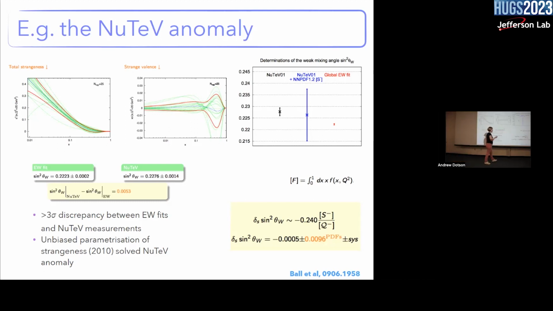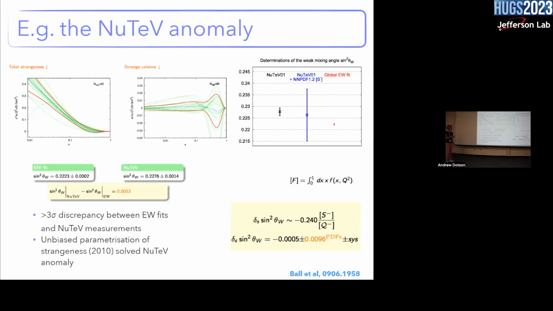As soon as you include the PDF uncertainty that you get because you're not using a too inflexible parameterization, the NuTeV and the global electroweak fit suddenly became compatible, because the error band of the fit blows up because of a more flexible parameterization of the strangeness.